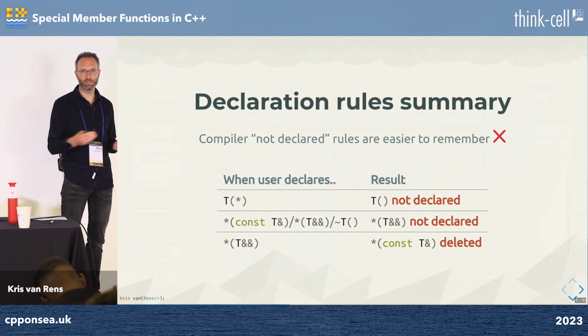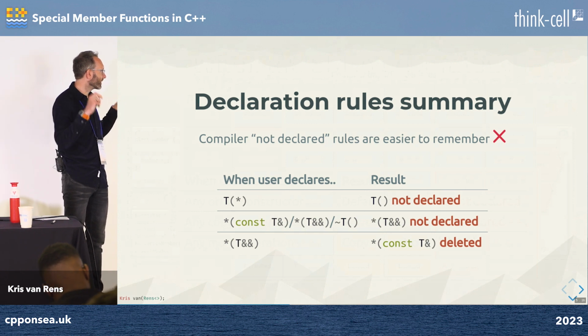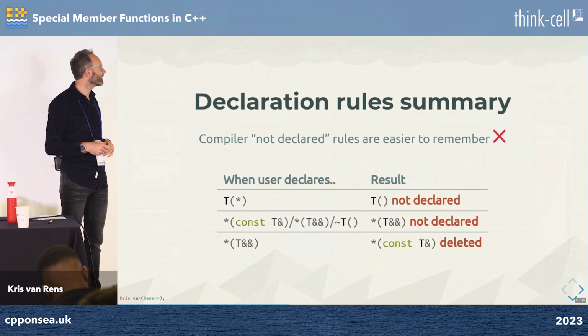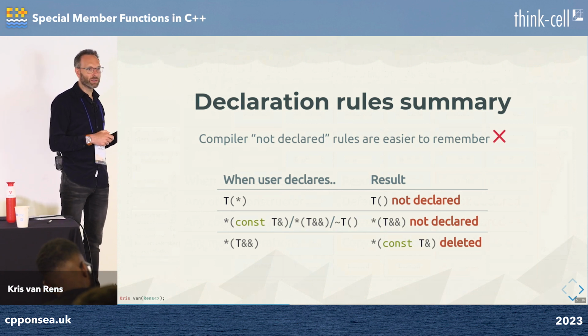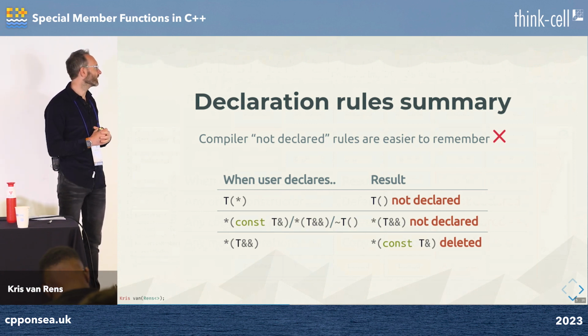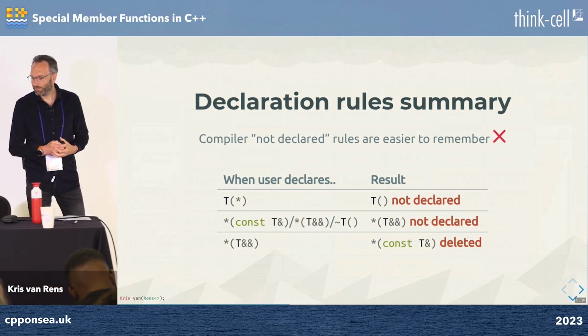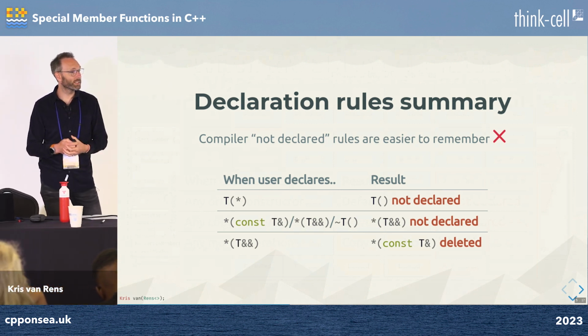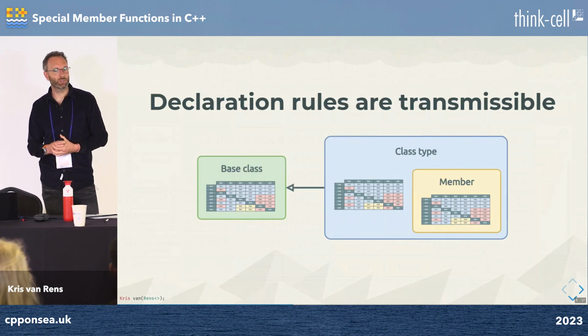Perhaps you do as well. I don't know. But this is my pseudo notation for remembering this, and it makes it much easier to remember than this whole table with all the columns and rows. Right. Another thing that is quite important is that the declaration rules are transmissible.